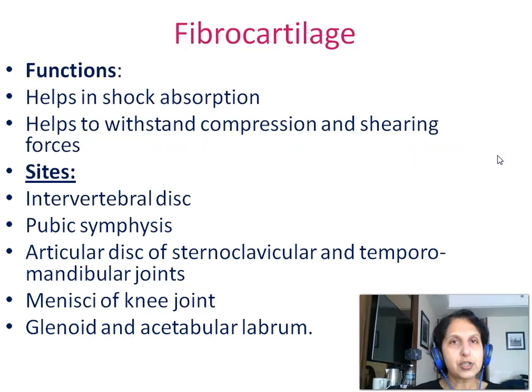Functions of white fibrocartilage: helps in shock absorption, helps to withstand compression and shearing forces. Sites where we see fibrocartilage in the body: intervertebral disc, pubic symphysis, articular disc of sternoclavicular and temporomandibular joints, menisci of knee joint, glenoid and acetabular labrum.